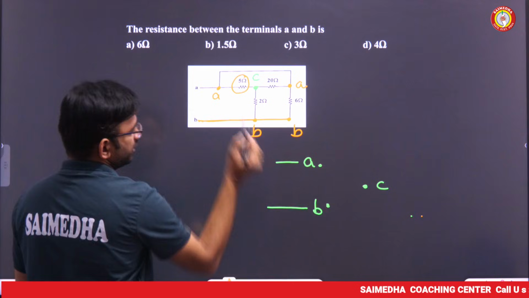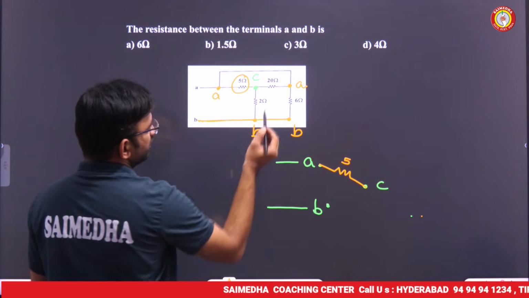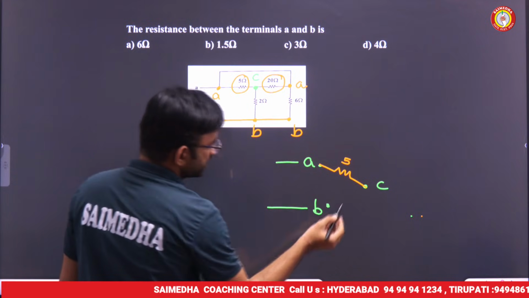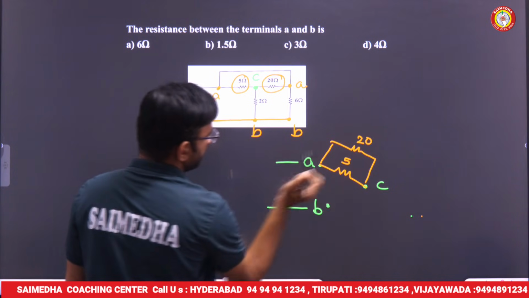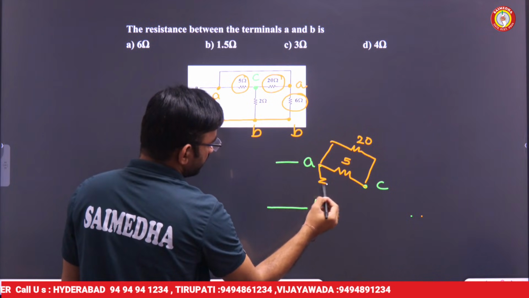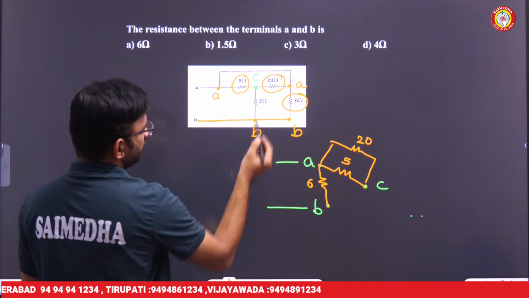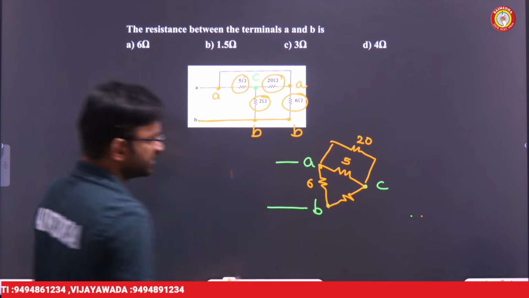Between A and C, 5 ohm is connected. Between A and C, 20 ohm is connected. Again A and C, 20 ohm is connected, sir. Next, between A and B, 6 ohm is connected. A and B, 6 ohm is connected. Next, between B and C, 2 ohm is connected. B and C, 2 ohm is connected.